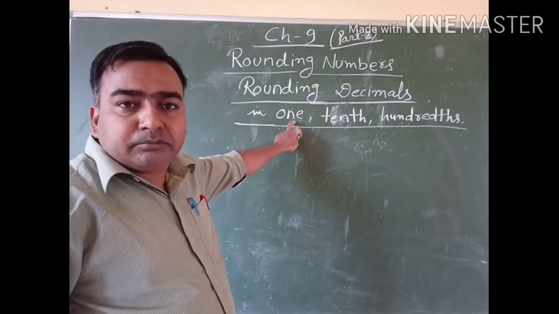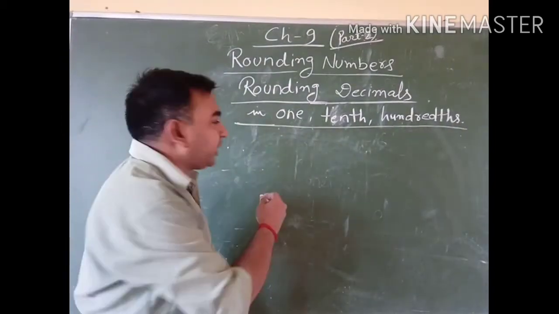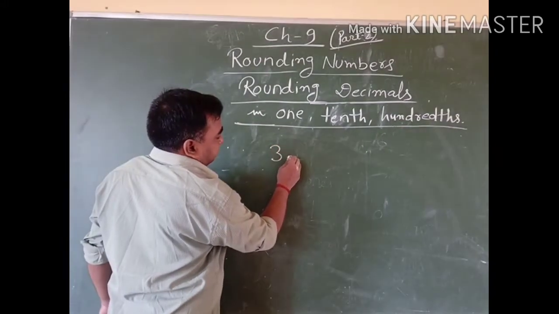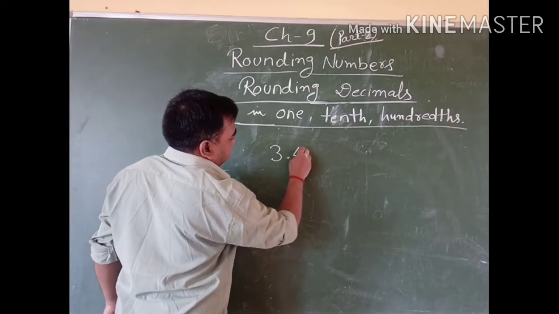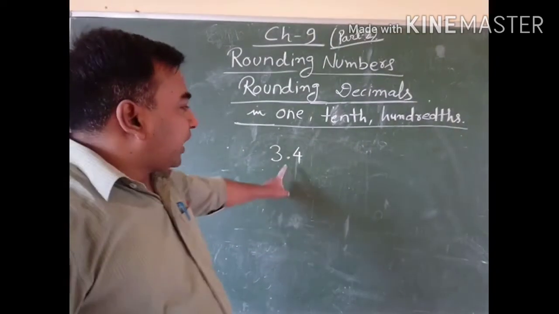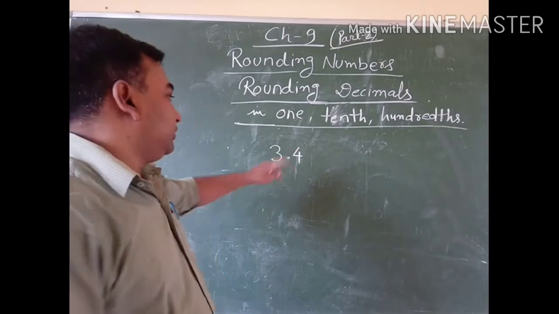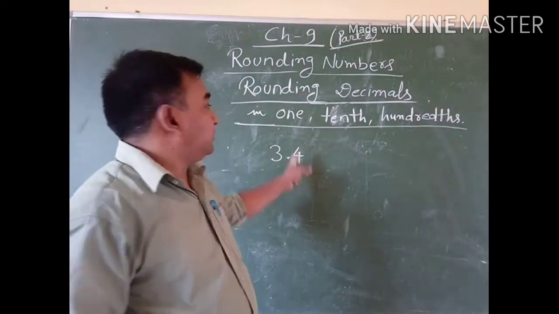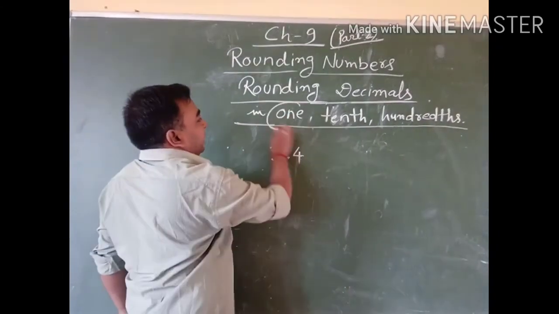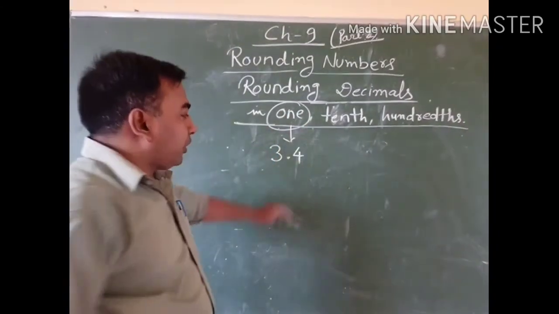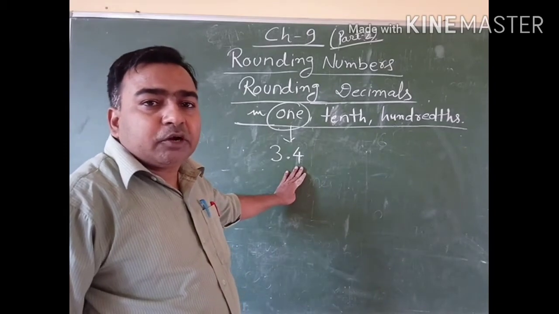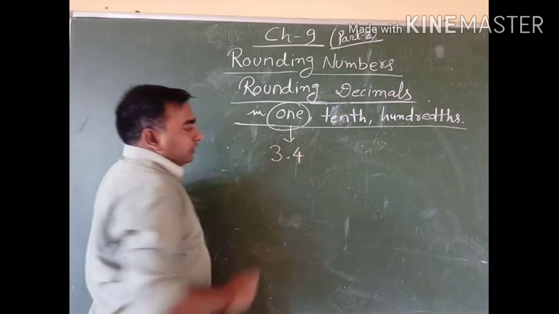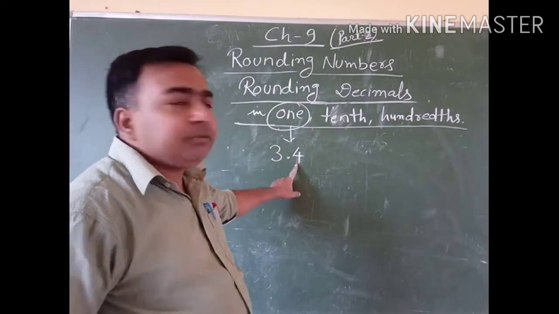Start from number 1. Suppose that I am going to write 3.4. When we change this decimal number to the nearest one, how can we change this 3.4 in rounding? You can see that the given decimal part is 0.4.